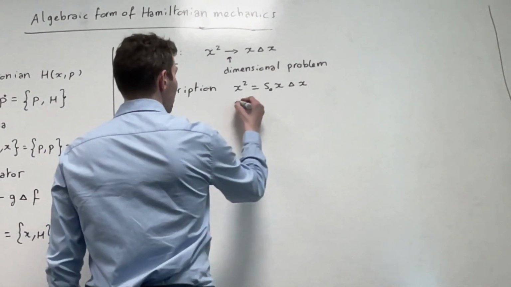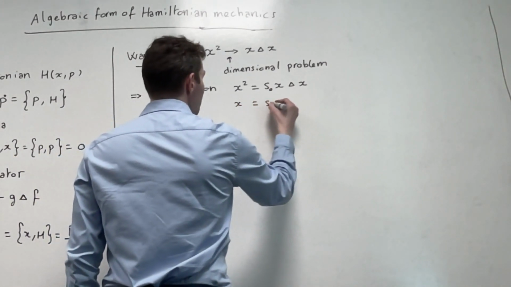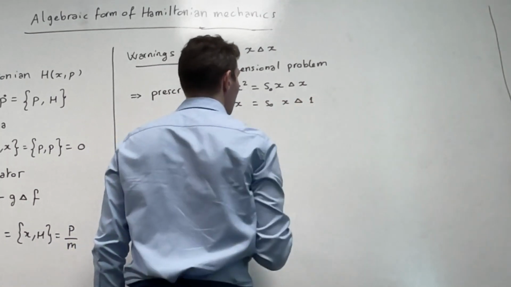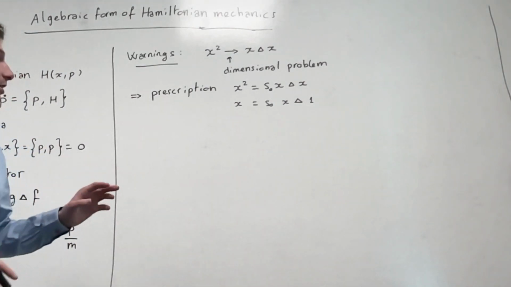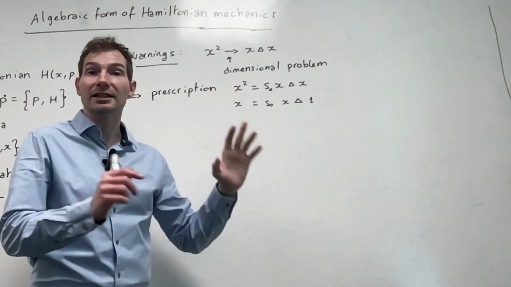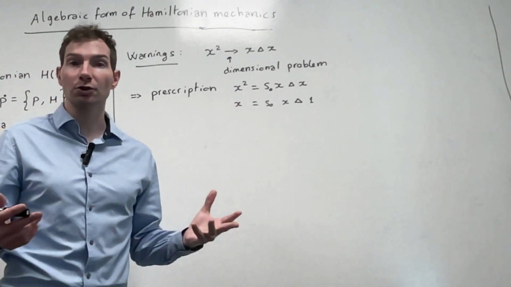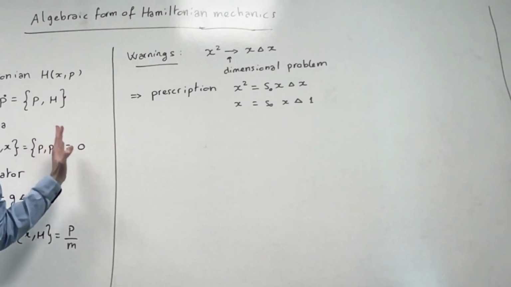Likewise, you can imagine something like x being equal to S0 x triangle 1, for example. Okay, that's also something that we are going to assume. And again, I want to insist here, because that's obvious from looking at it, that the triangle operator is not the same as the differential operator that appears in the differential representation of the Poisson brackets.